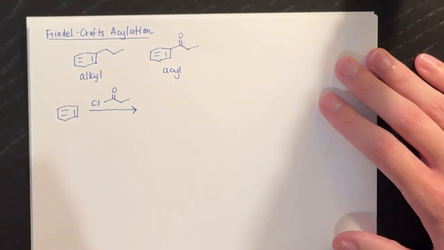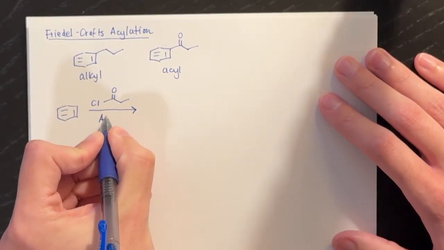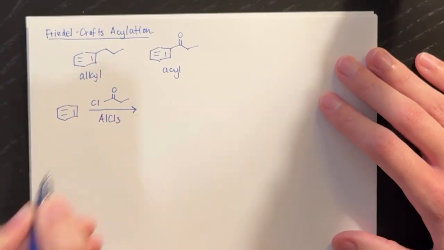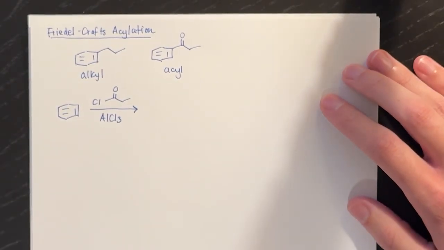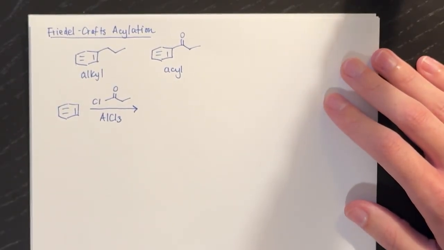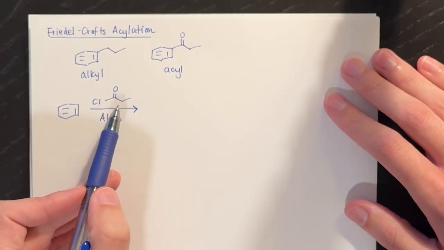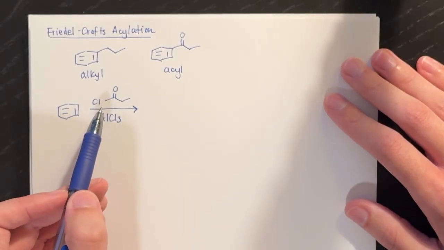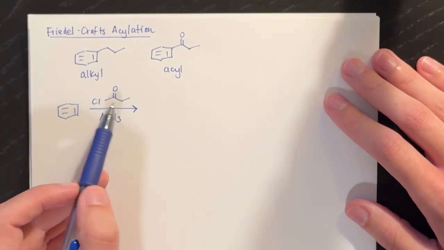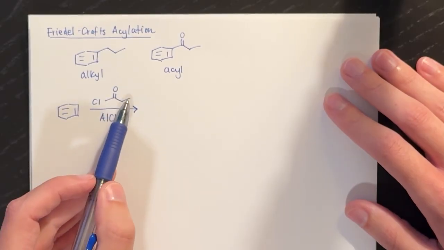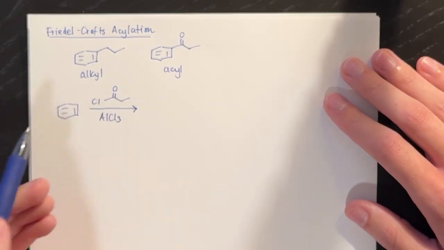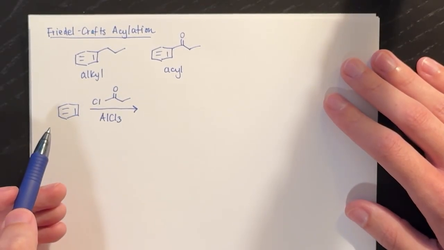Okay, so for AlCl3, for the Friedel-Crafts acylation, we're going to use, instead of an alkyl halide, an acyl halide. All right, so really it's the same thing where you've just got carbons attached to a halogen.